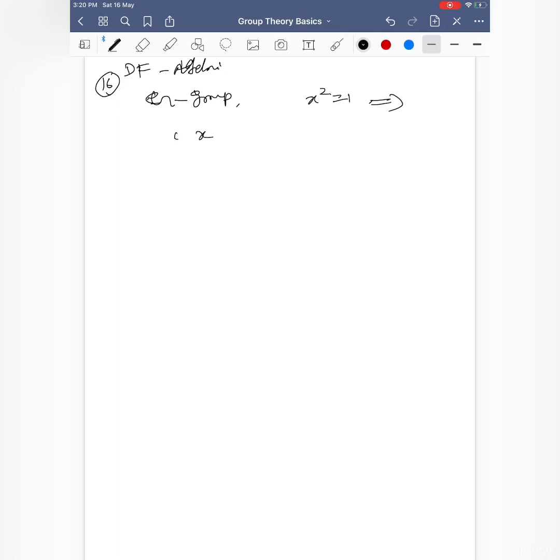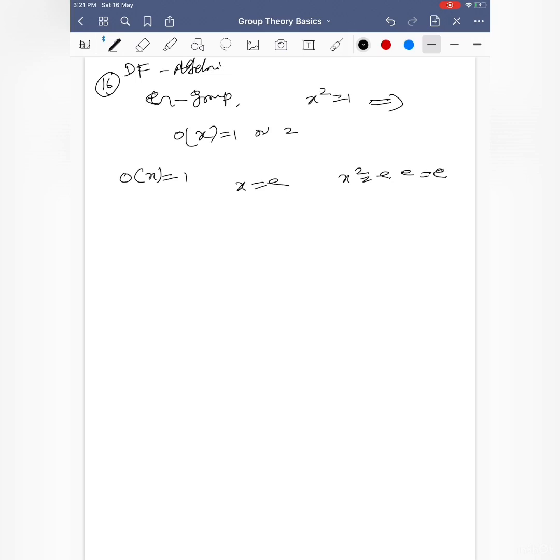That implies order of x equals 1 or 2. You can see that if order of x is 1, that means x equals identity itself, nothing more than that. That means x square equals identity into identity, that is identity.